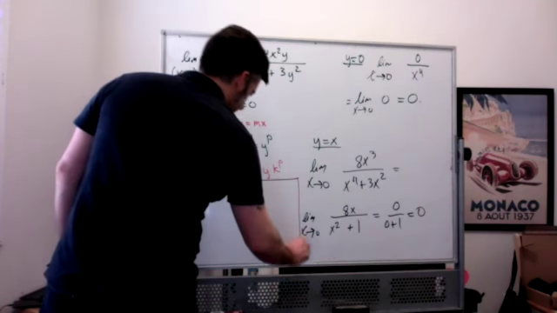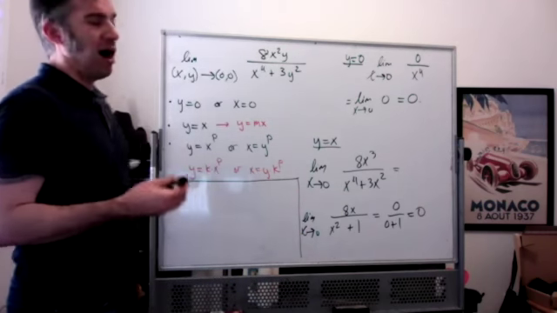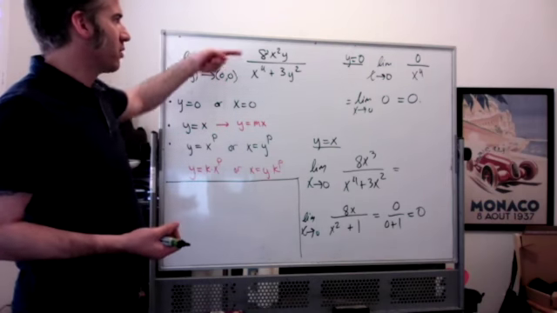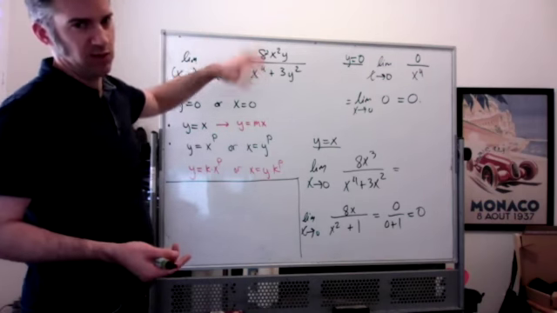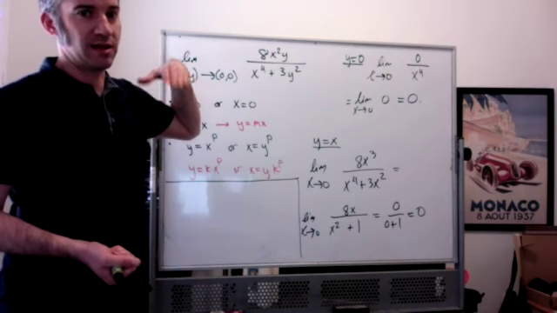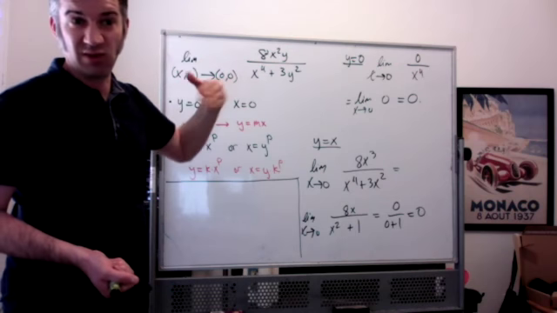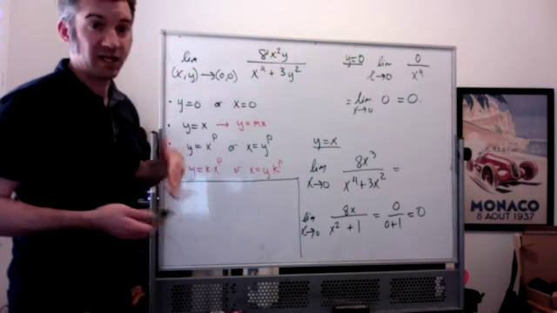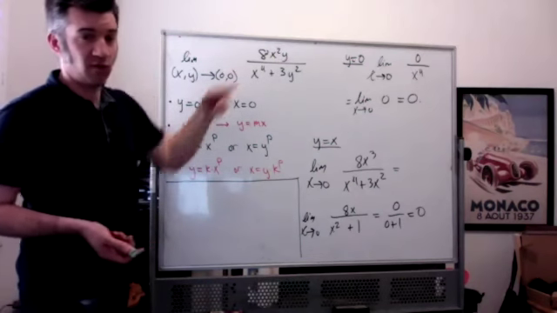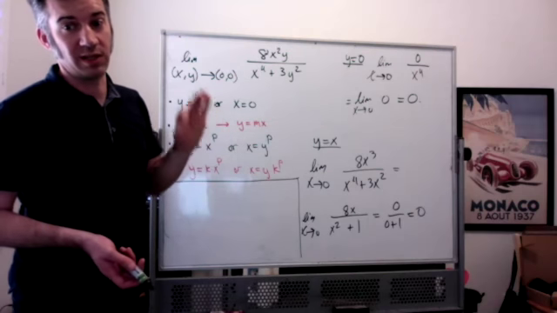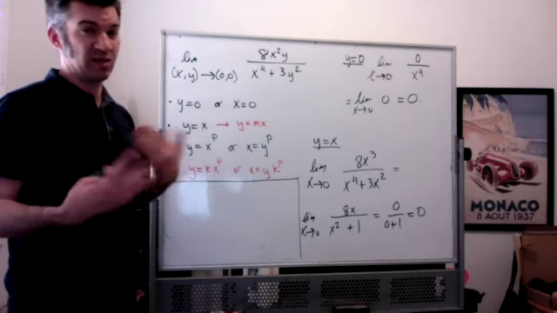My usual thought for this is, if it's a rational function or a rational-ish type expression, I'm usually trying to make a choice that's going to let the top and the bottom both have the same degree, meaning the same highest power. If I let y equal x squared, I'm going to get x to the 4th on top, and x to the 4th on the bottom. That's usually the choice that makes things work out.